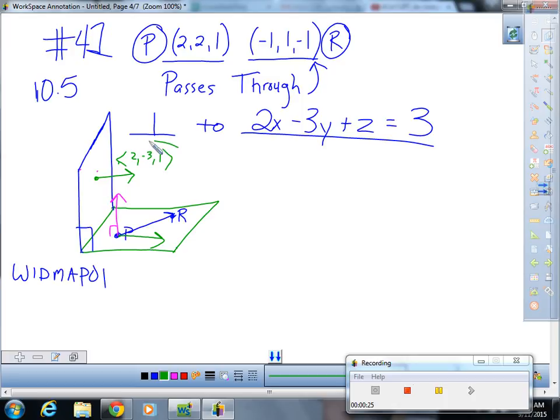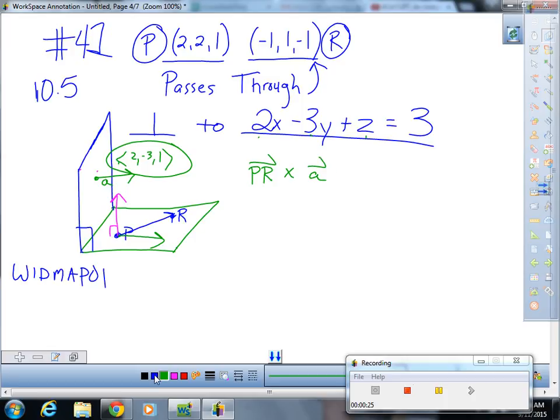Well, the green vector is defined by those coordinates. Okay? So if I took the cross product of PR and let's call this A, that will give us the pink vector that we're looking for.